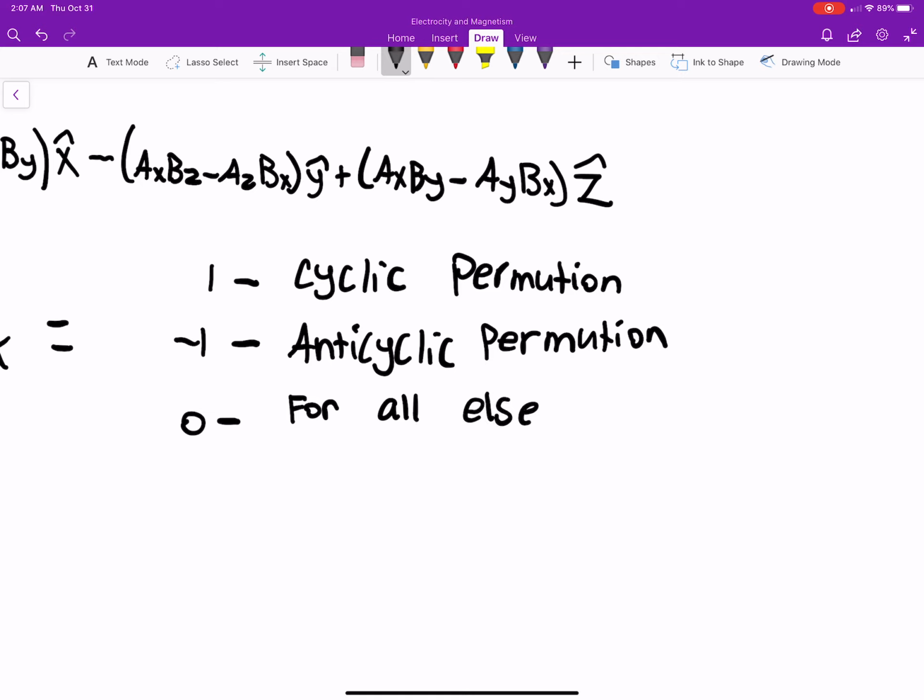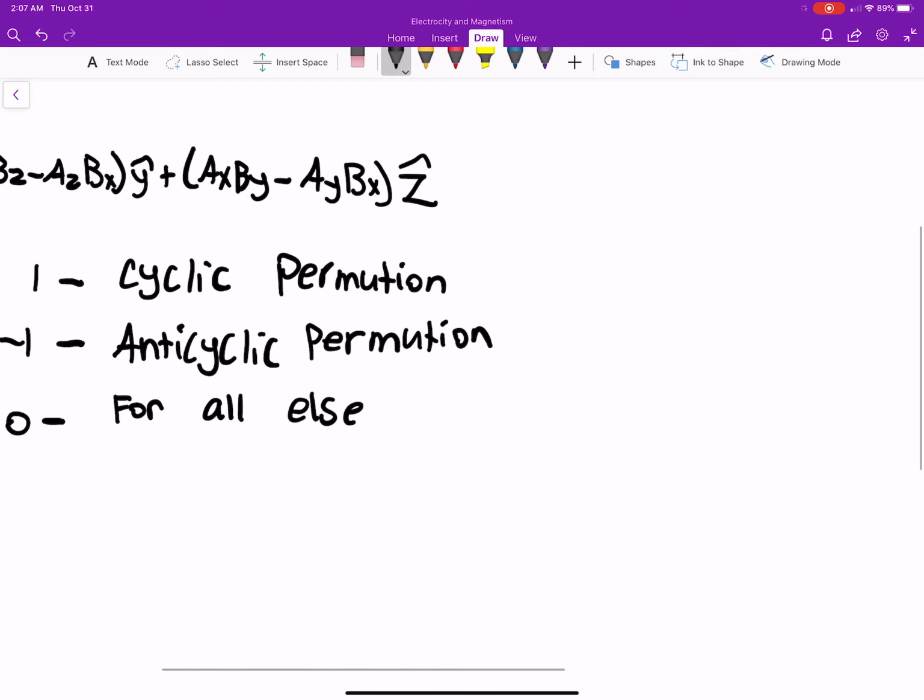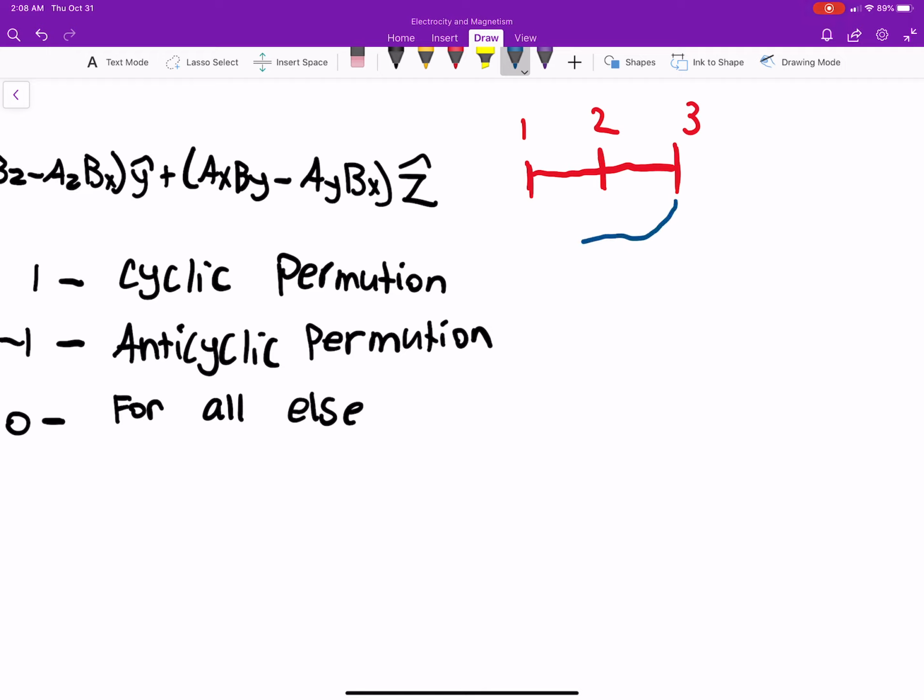If you haven't clicked off the video, that's good because we're going to talk about this. First off, let's imagine we have a number line. Let's say the number line starts at 1, there's 2 in the middle, and 3 at the end, and those are the only 3 numbers on our number line. The other interesting property is that once you get to 3, if you keep counting, you just go back to 1.